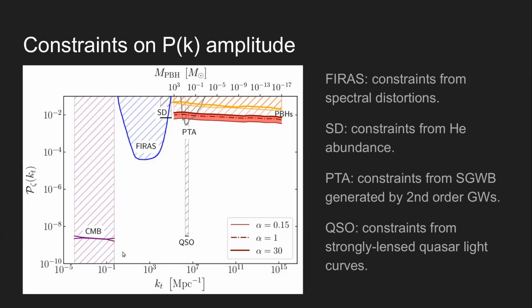And then we have almost no measurements. We have some measurement from spectral distortions. We have some inferred constraint from silk damping, and Donkey worked on that. We have a very, I have to be honest, very suspicious constraint coming from strongly lensed quasar light curves.